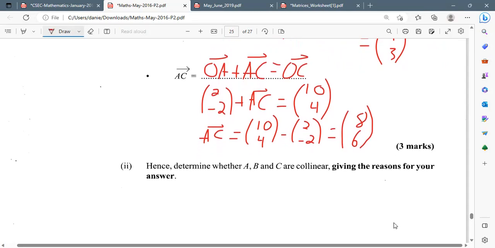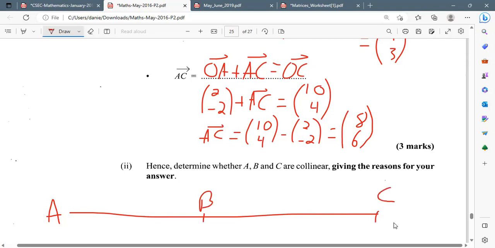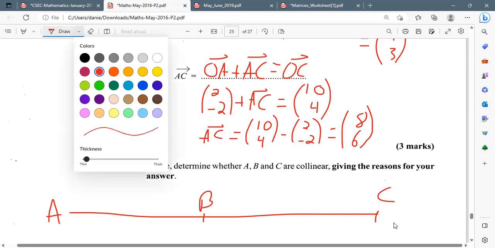Okay, so let's try this one. Points that are collinear basically means points that lie on the same line. If I was to draw a line, this will be A, B, and C, if they were on the same line. So we're assuming that. They want to know if it is or isn't. The good thing is we have the vectors, the directions.